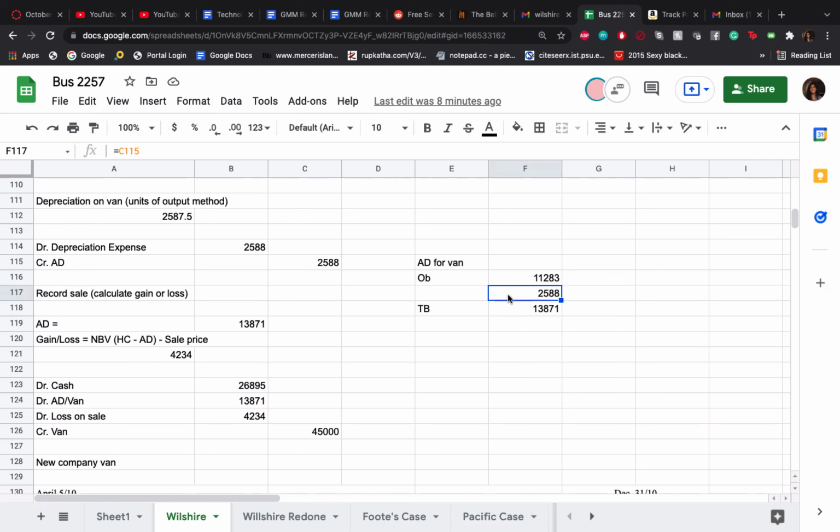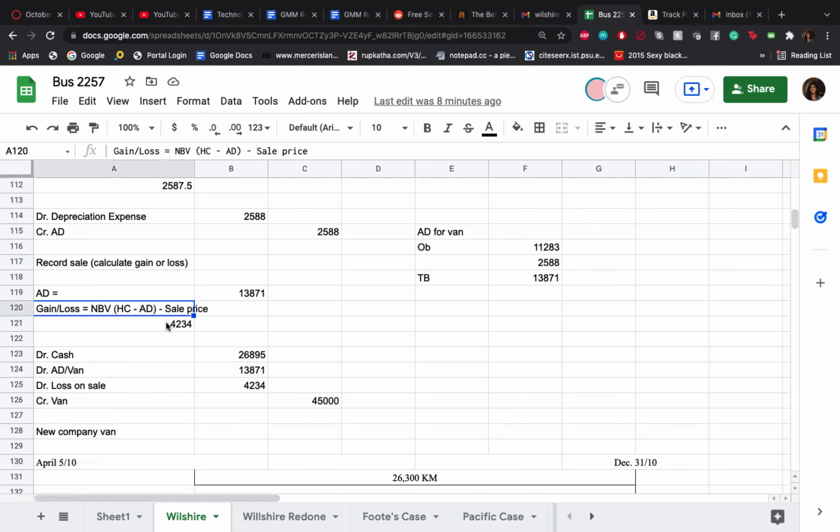In order to calculate gain or loss, you get the net book value, which is the historical cost minus the accumulated depreciation, and you subtract the sales price. If your answer is a negative, it means the sales price was greater than what you would have received on the marketplace. If you have a positive value, it means there was some amount of value that the guy who bought from you didn't pay for, and that's the value that you're going to move into gain or loss on sale.